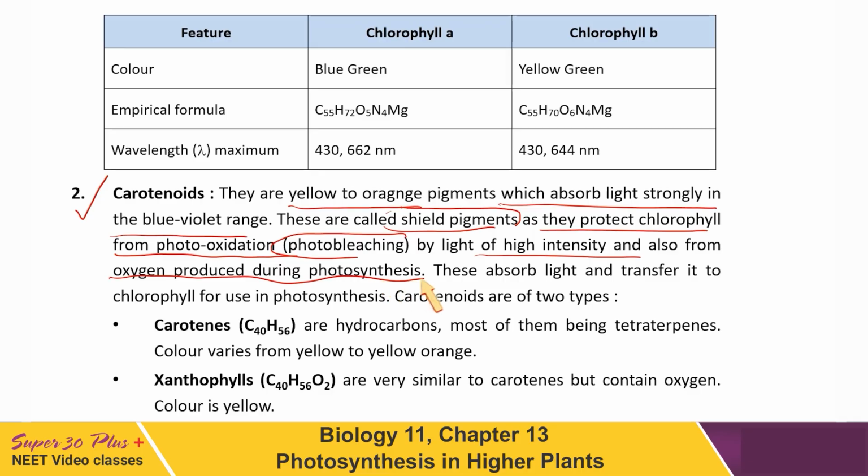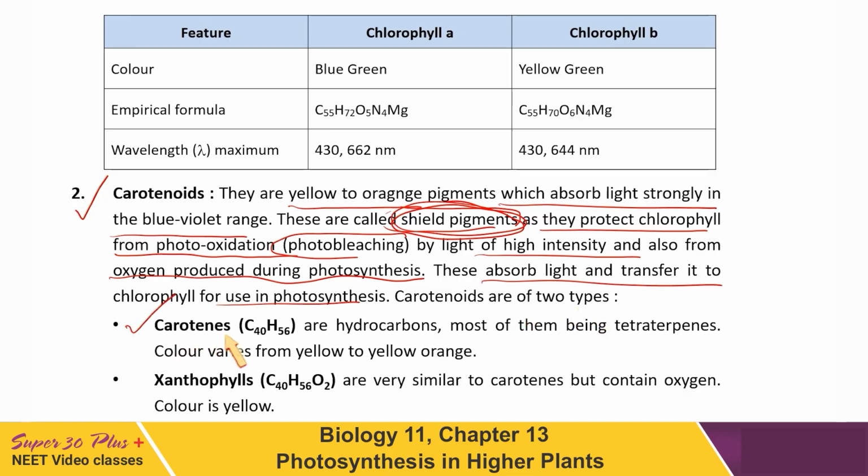They absorb light and transfer it to chlorophyll for use in photosynthesis. As I told you, carotenoids are of two types.